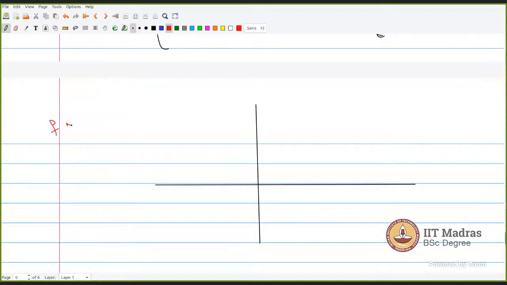I know my f of x is x when x is greater than 0, and minus x when x is less than 0. So when x is greater than 0, this is how it will look. When x is less than 0, it is minus x, so the minus x graph will be like this.